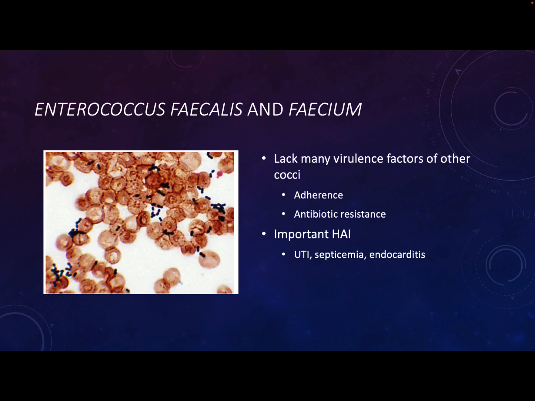So enterococcal infections are important hospital-acquired infections. Really commonly, in the hospital setting, you'll see them as a urinary tract infection because, based on the genus name, what part of the body do you think this infection targets?